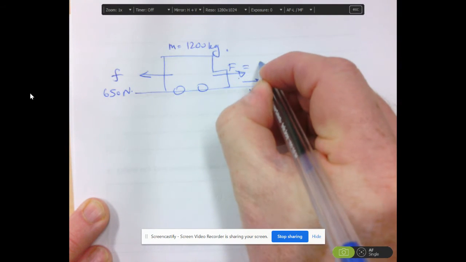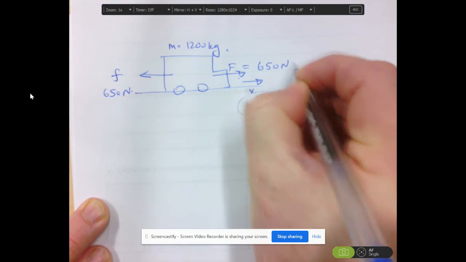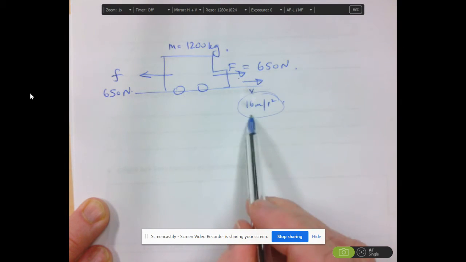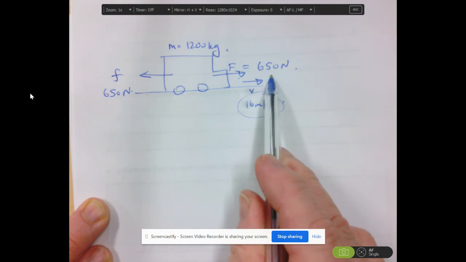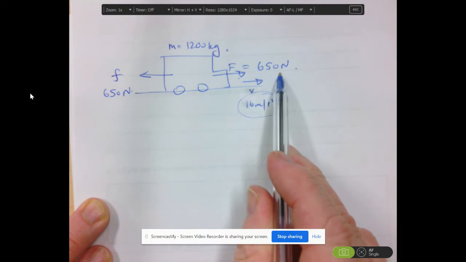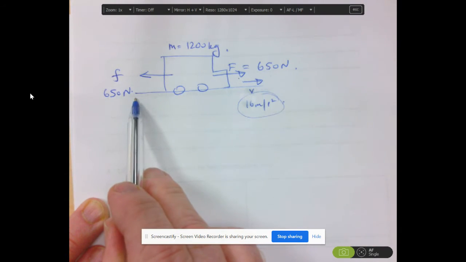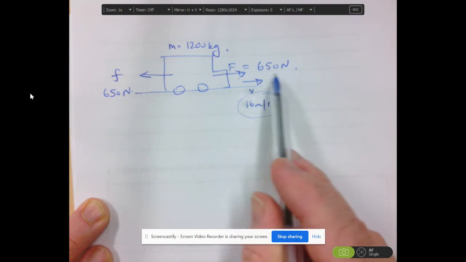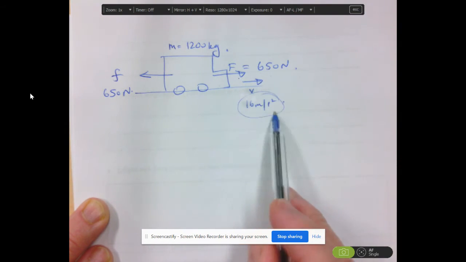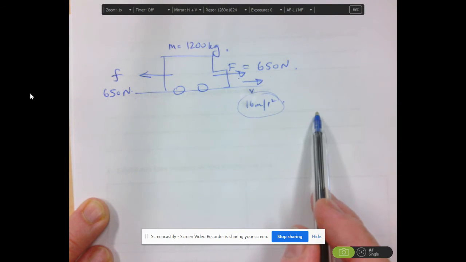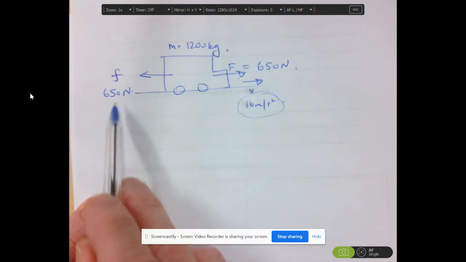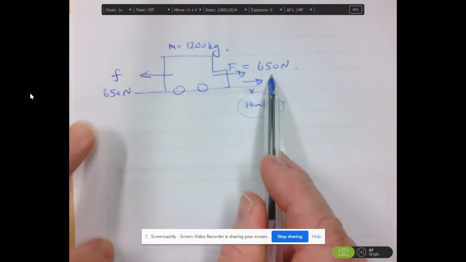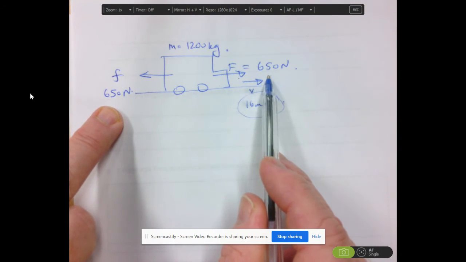That forward force must also be 650 newtons, because otherwise we wouldn't get this constant velocity. If this force was less, then the friction is bigger than the forward force, and the car will start to slow. If this is more, then this wouldn't be a constant velocity. It would start to accelerate until the air resistance and the rolling resistance once again make these two values equal.